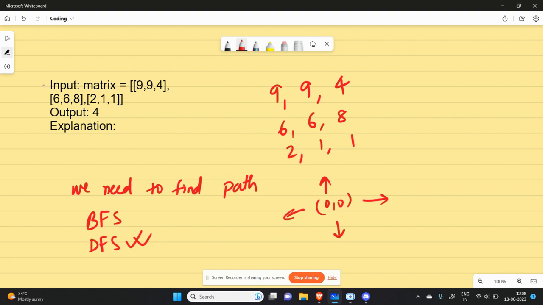After that, whenever we check whether I can go to a cell, we used to check whether this cell is within the range or not. Maybe we are at the starting cell of the matrix, then definitely we can't go upward. But if you are somewhere in the middle, then I can go upward, downward, left, right, everywhere.